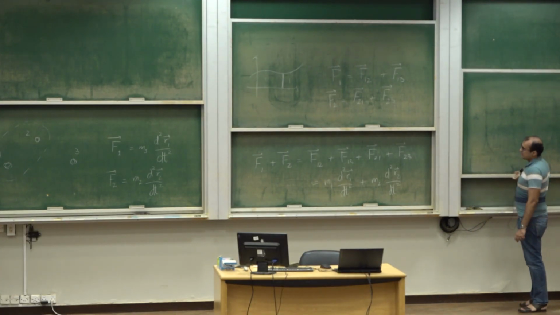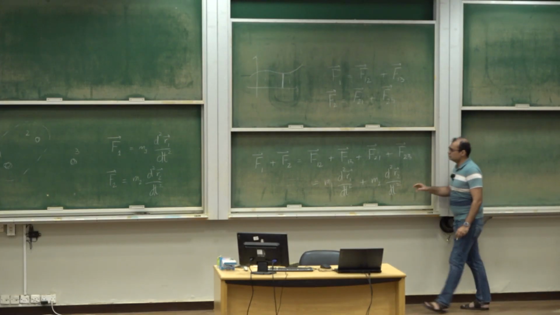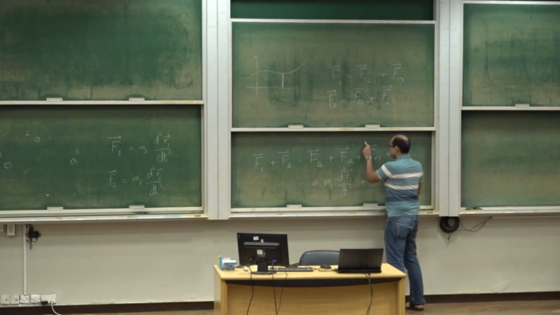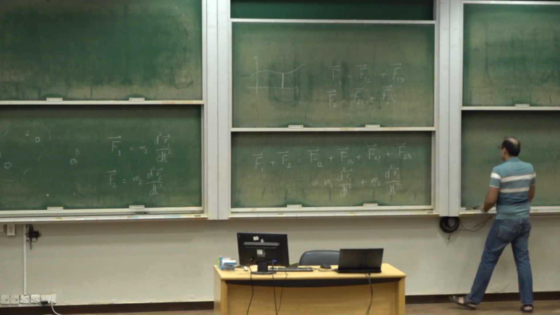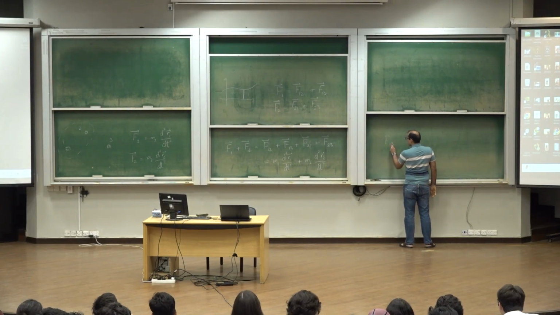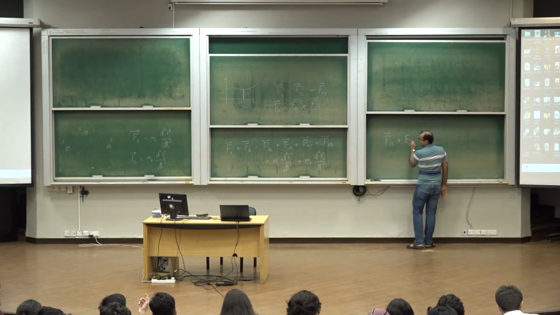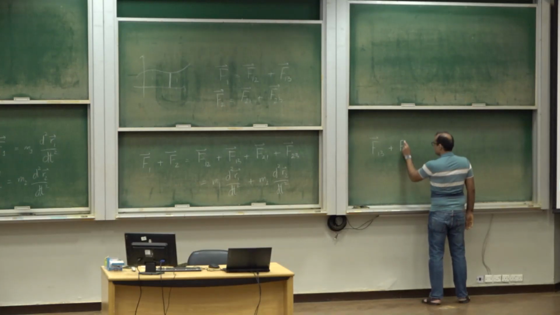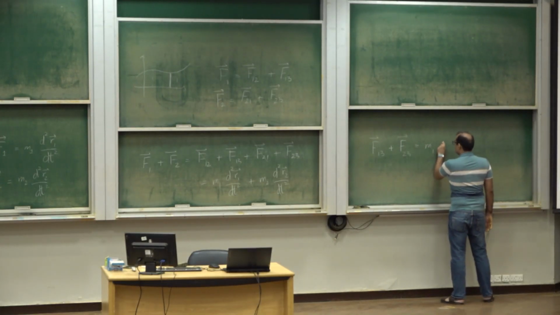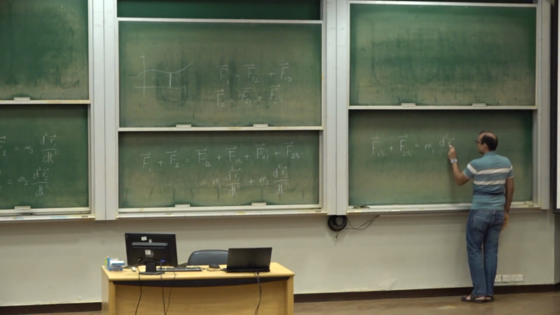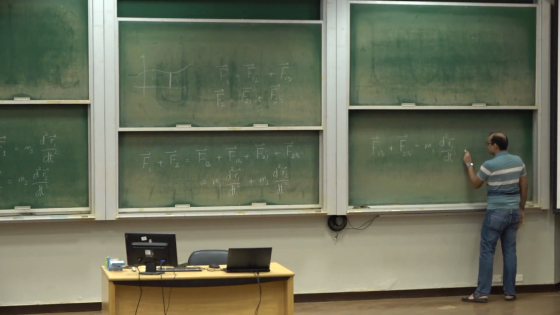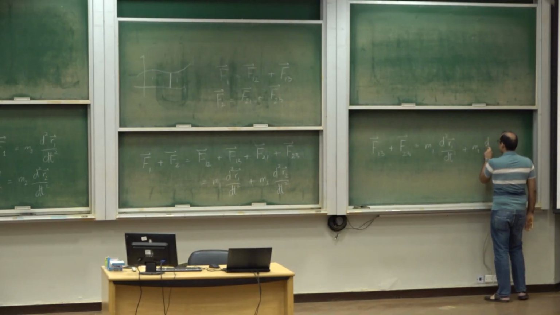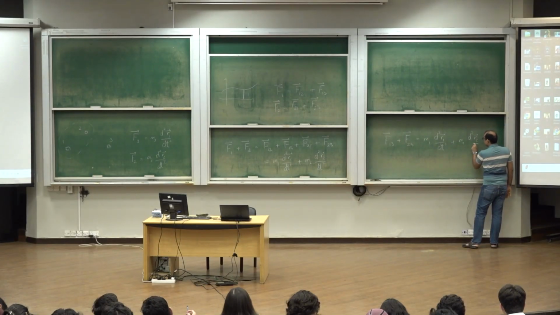Okay. And then you see F₁₂ cancels F₂₁. And you're left with F₁₃ plus F₂₃ equals m1 double derivative of r1 plus m2 double derivative of r2.